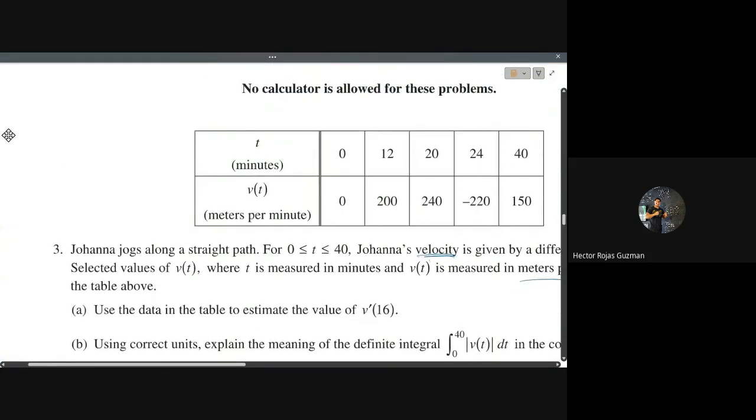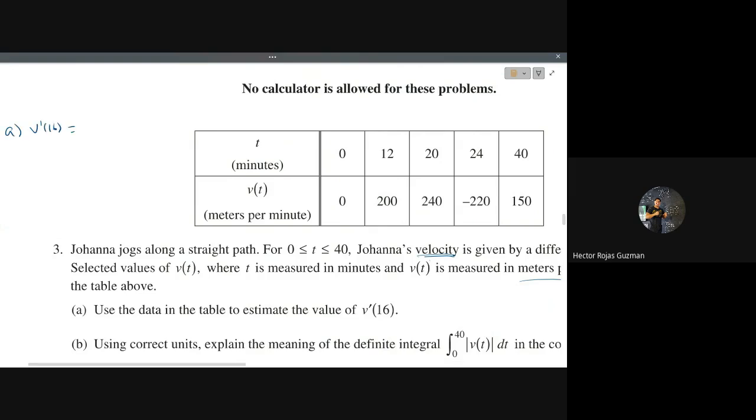As I'm sure you guys already know, to approximate v prime of 16, all you got to do is take the average rate of change. The answer here, I'm going to skip the work, but v prime of 16 is approximately 5 meters per minute squared, because it's the rate of a rate.